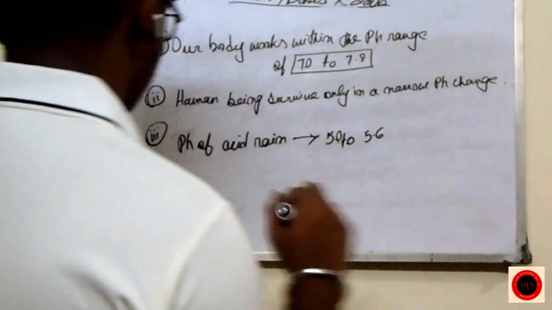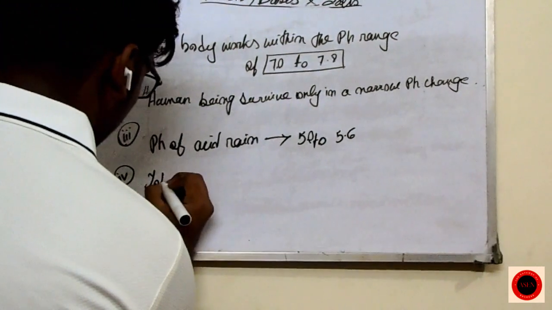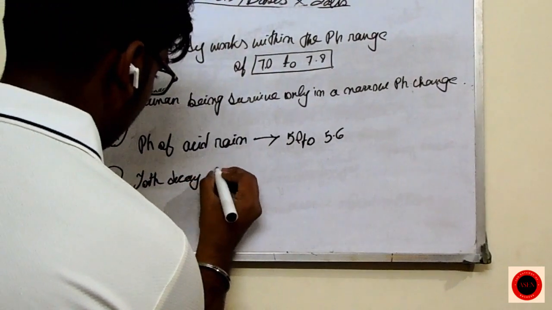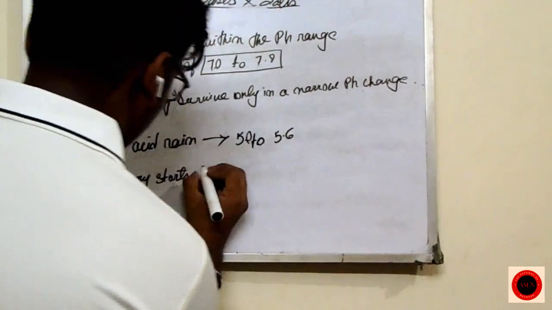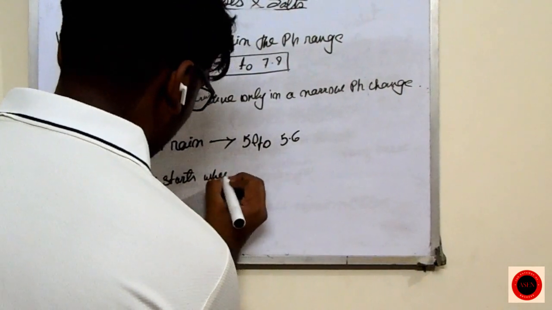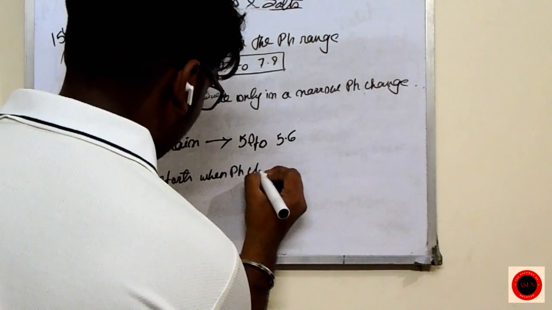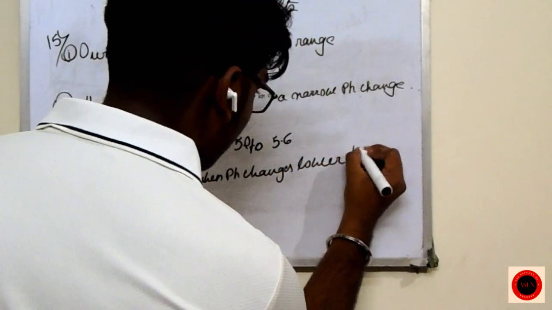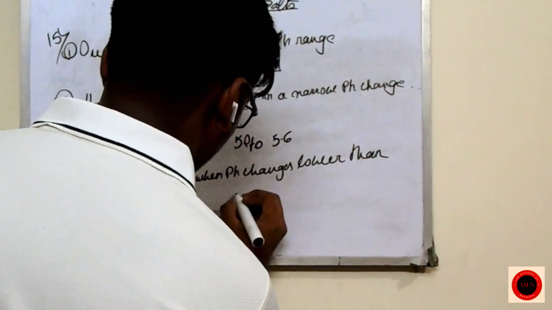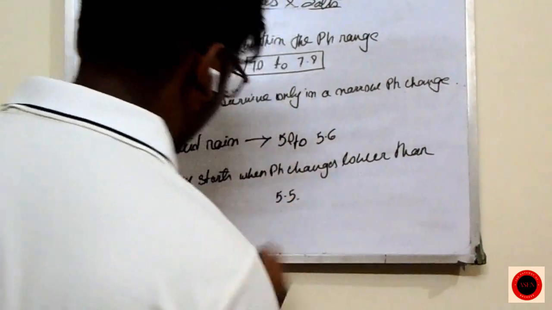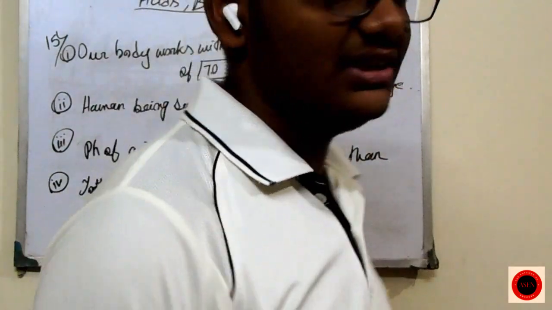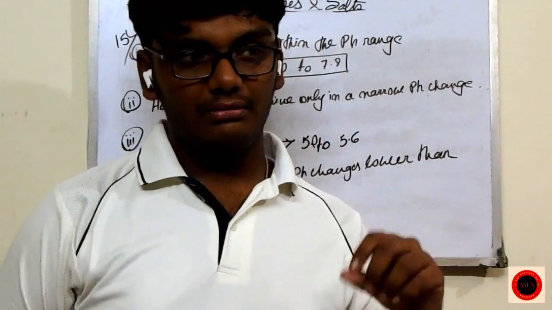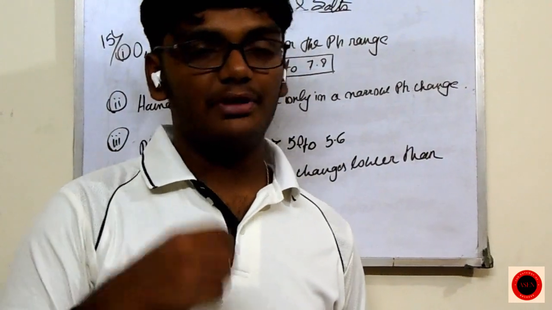Okay. Tooth decay starts when pH changes lower than 5.5.